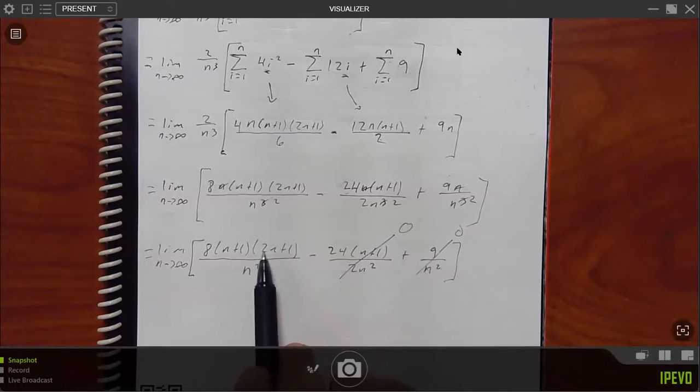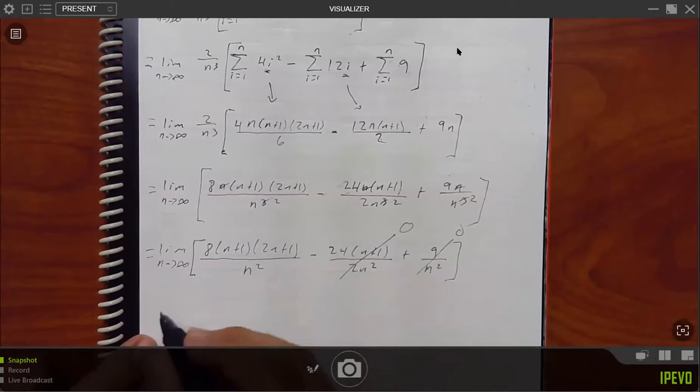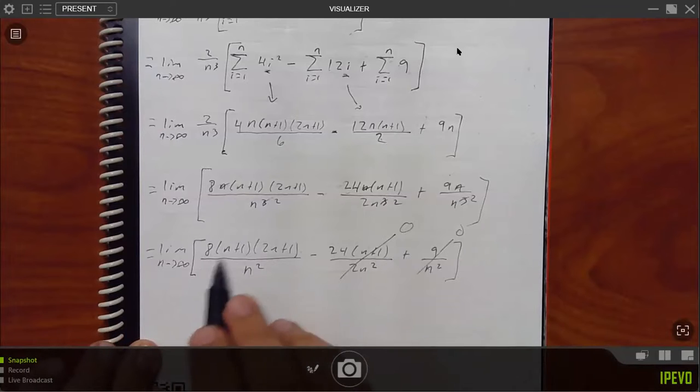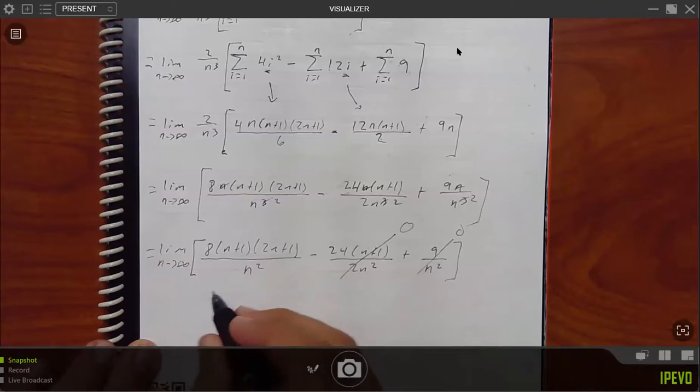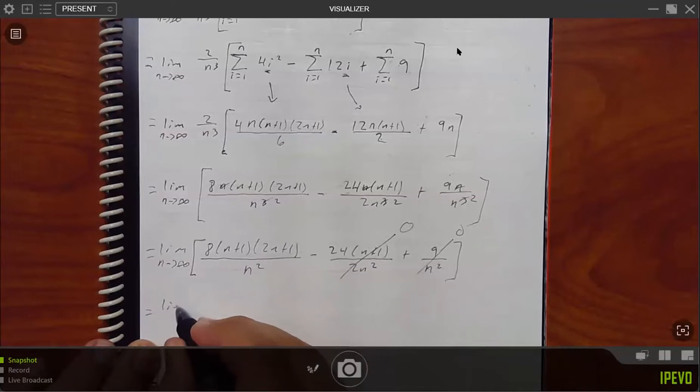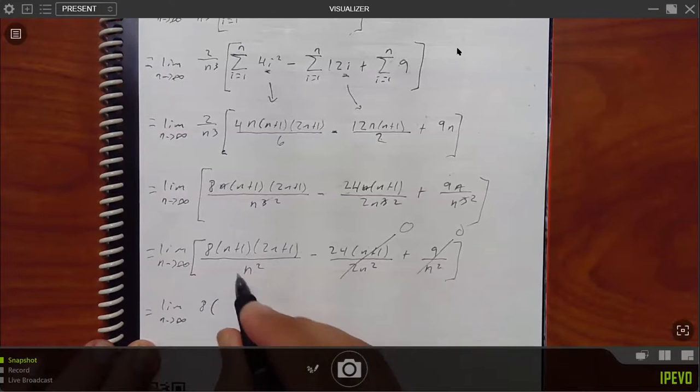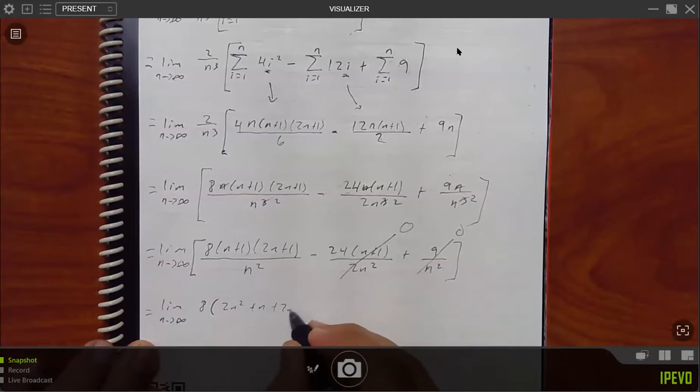What is the degree of the top here? We have an n plus 1 and a 2n plus 1, so it'll be a square, the degree 2 up top. If you don't see it, we can pull that out, and those limits would be 0. So it'll be 8 times n times 2n squared plus n plus 2n plus 1.